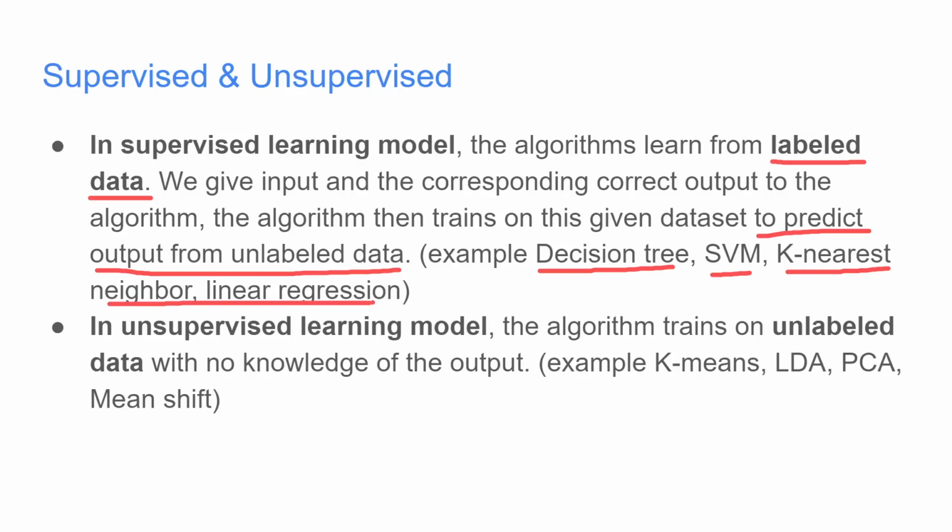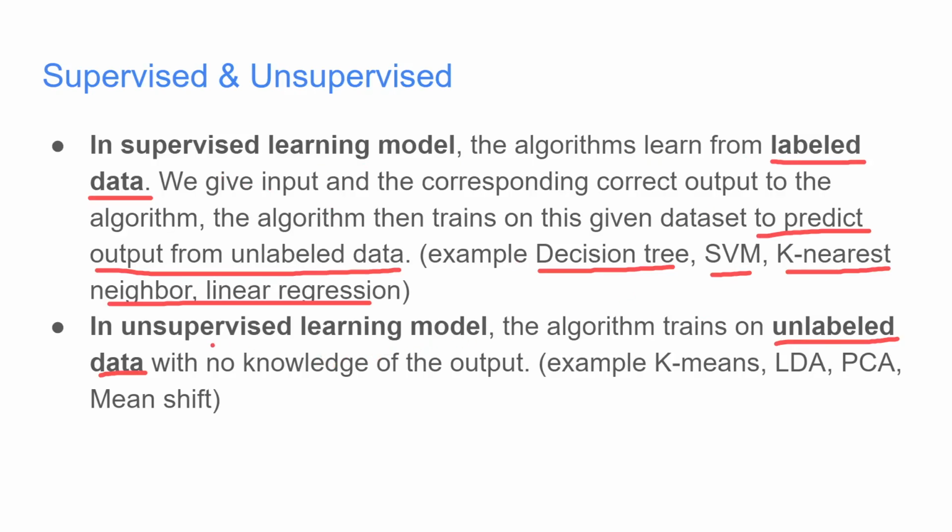Then when it comes to the unsupervised learning model, the algorithm trains on unlabeled data with no knowledge of the output. So when it comes to unsupervised, it's unlabeled data. The algorithm trains on unlabeled data. If it is supervised, the algorithm trains on the labeled data.